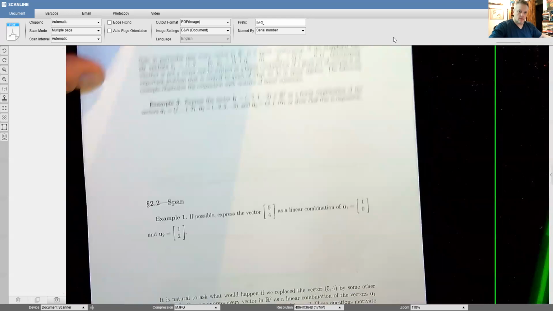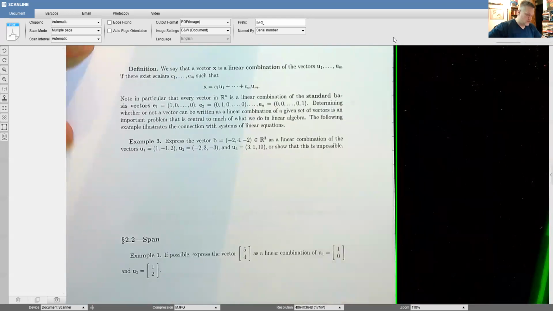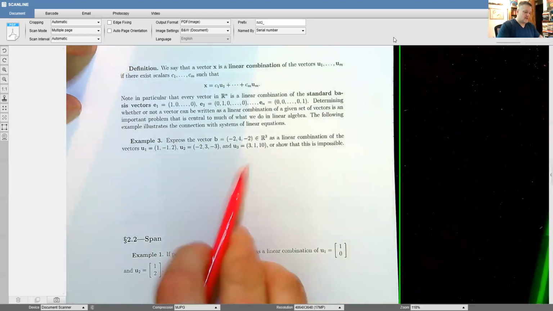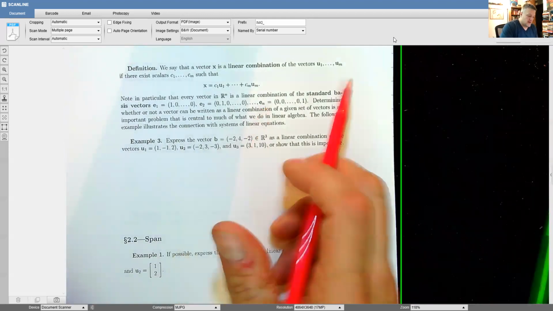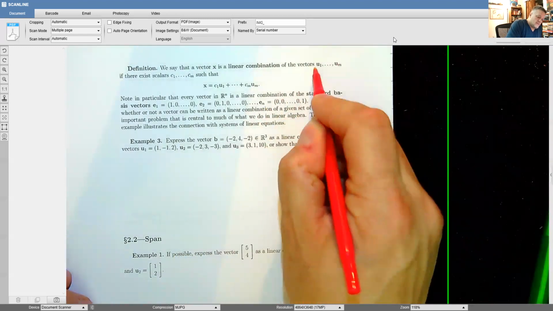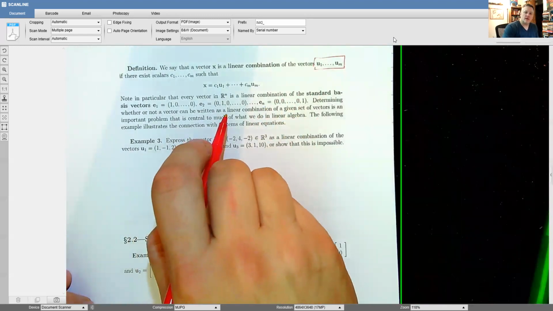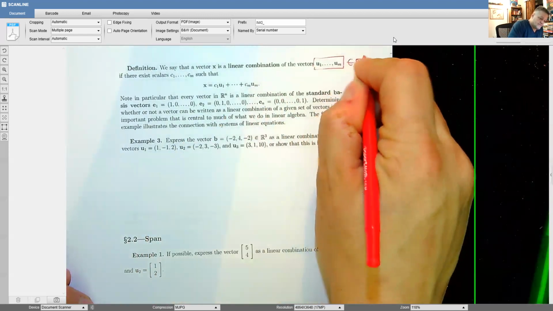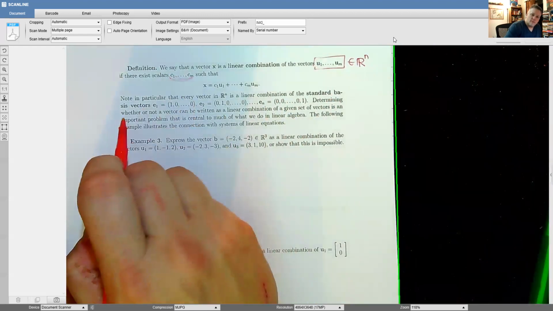Next, let's take a look. It's kind of a short section, but it has a very important definition, which is here. Right, so in general, we just mentioned what linear combination was for two vectors, but you can use the same definition for n or m vectors, doesn't matter. So if I give you m vectors and they're all in the same space, so these are in, let's say, Rn. And you have scalars, so just real numbers.